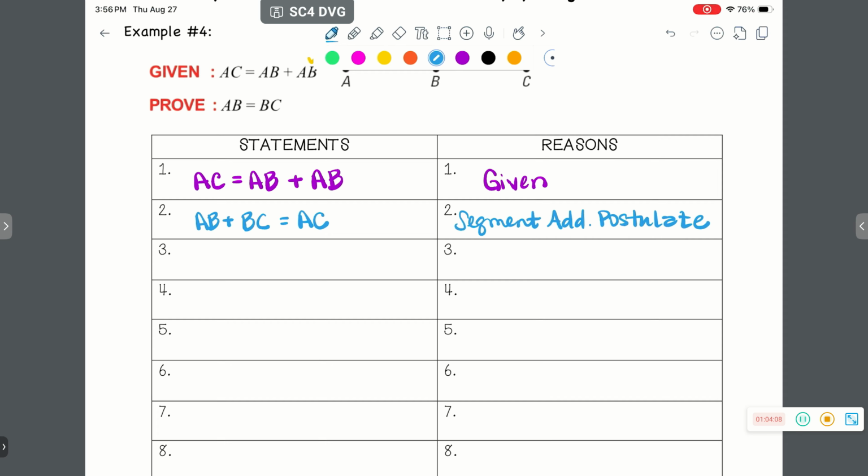It doesn't matter which way you write it. This is why I was so crazy about when we were in Unit 1, when you were doing your homework, making yourself justify every equation that you wrote down. This is why. Right? Okay.